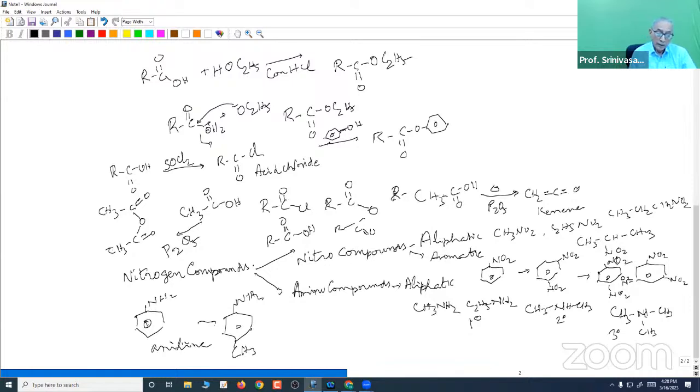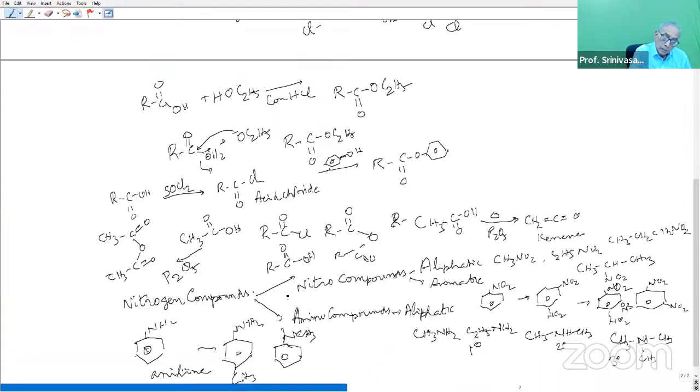So it is possible only to attach 2 more groups, either alkyl or aromatic groups, to get this, N-methyl-aniline.